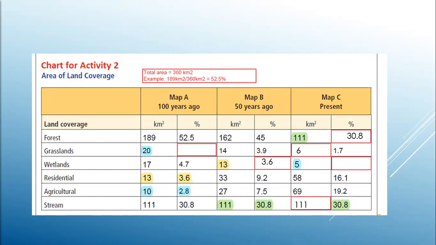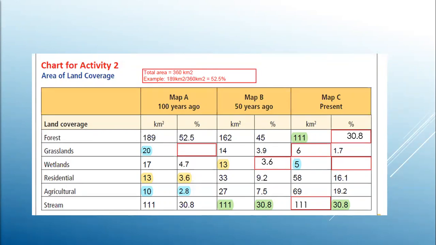We had someone comment and said the stream land area never changes, and that's true. The only thing that's been consistent on these maps is that the stream stayed at 111 square kilometers from map A, map B, and map C, which is about 30.8%.